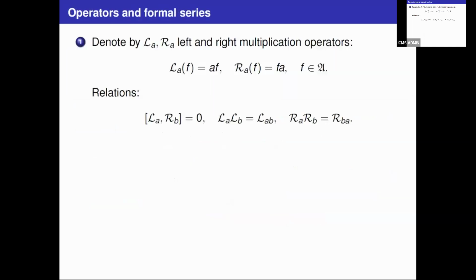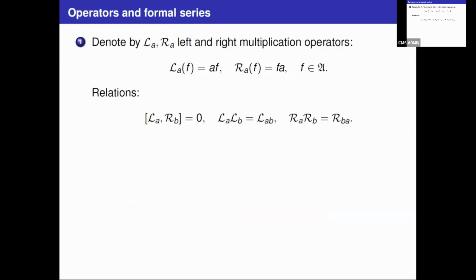Well, next thing which I will need is the operator algebra on A. By L_a we will denote the operator of left multiplication by an element a. By R_a we will denote the operator of right multiplication.